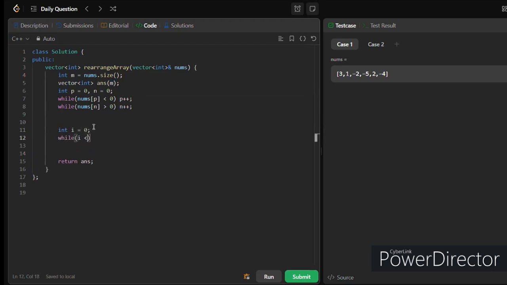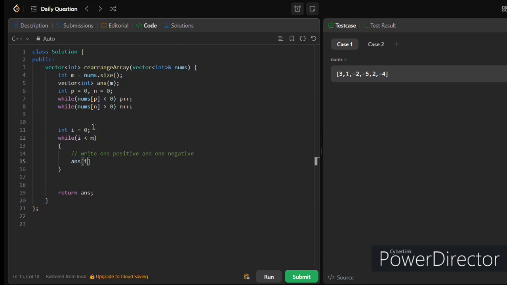And then while i is less than m, it means we haven't finished writing. Each time we write one positive and one negative. Okay, then it's very simple.